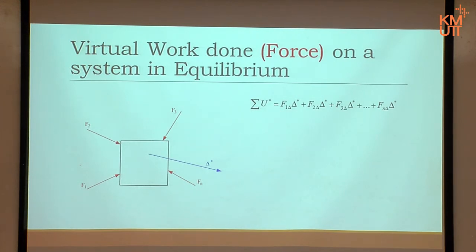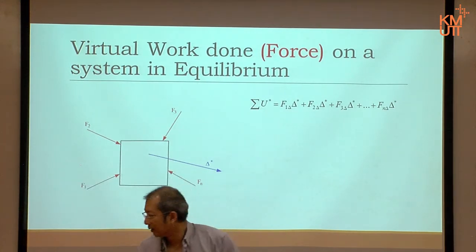Then the work done by that F will equal U1, which equals F1 delta star, correct? We agree? Yeah.